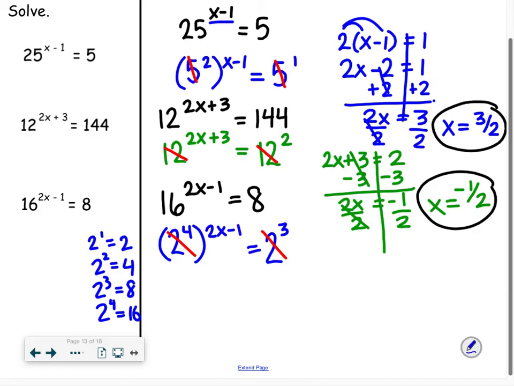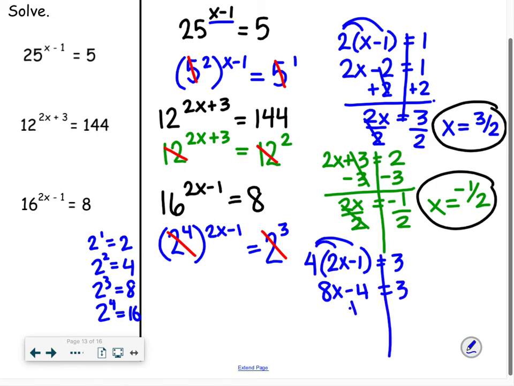Set the exponents equal to each other. Distribute again. And add 4. And divide by 8. So x equals 7/8.